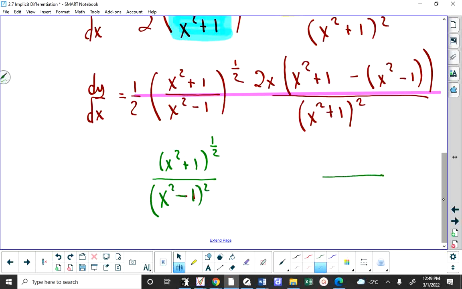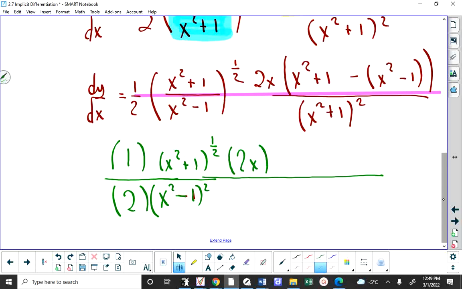But ultimately it's being multiplied by the 1 on the top and the 2 on the bottom. I'm multiplying by a 2x on the top. I'm multiplying by a 2 on the top. From here to here is 2 because x squared minus x squared is 0, and then we have 1 minus negative 1, which is 2. And on the bottom I also have x squared minus 1 squared.